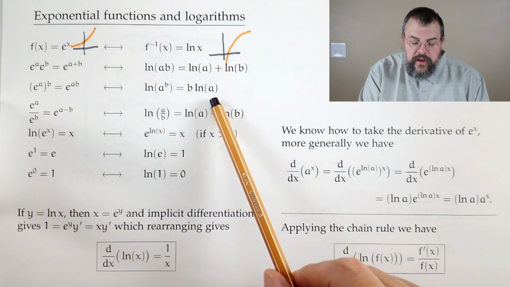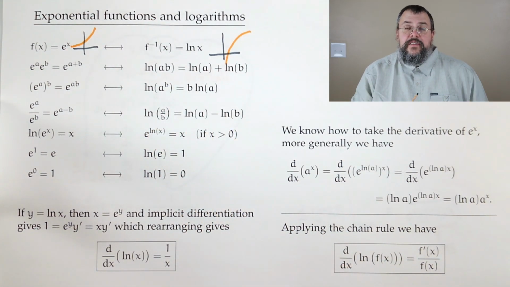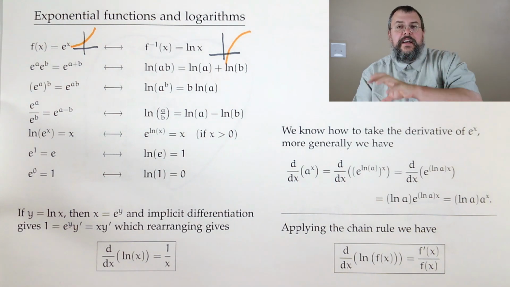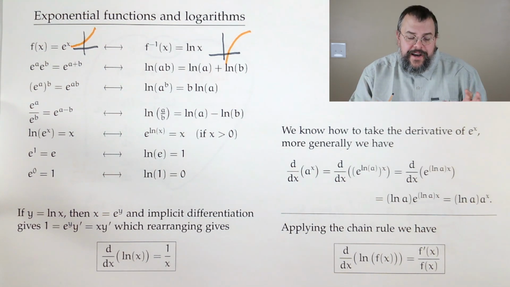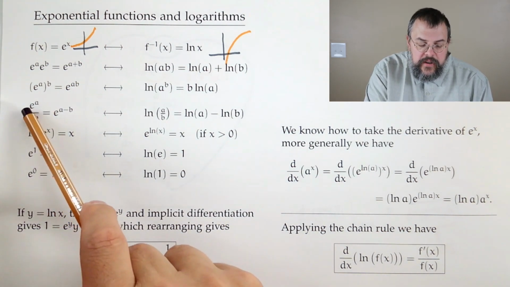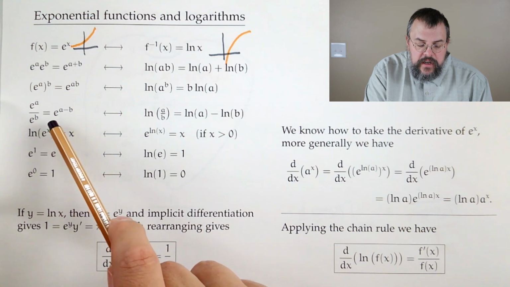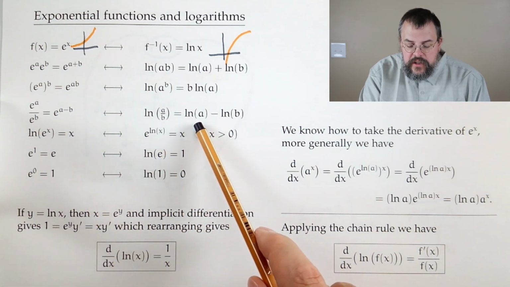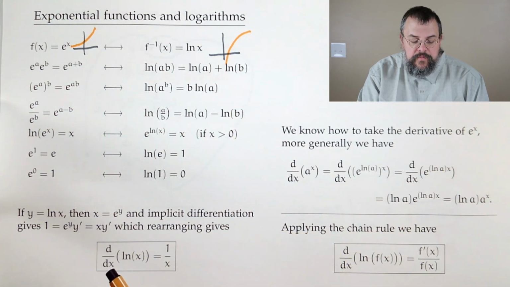So b log of a. All right, so that says, hey, I can bring exponents down very easily. So bringing down exponents is now super easy with logs. Wow, cool. If I do division, e to the a over b, that is e to the a minus b. Translation, log of a over b is natural log of a minus natural log of b.